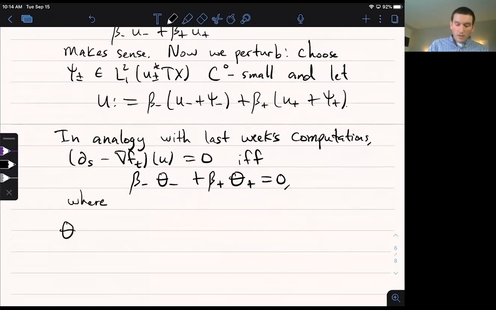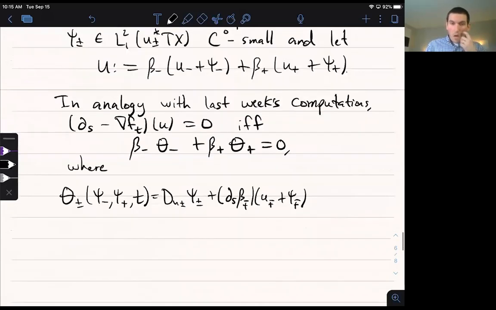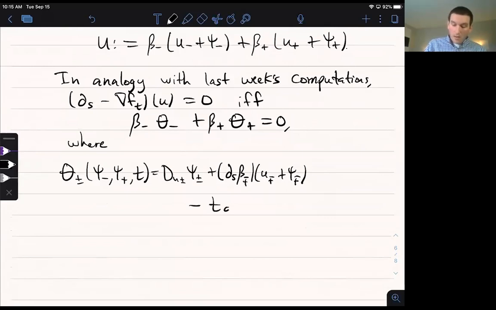So theta plus or minus takes in psi minus, psi plus, and t. So last week we didn't have this t. And then it spits out this questionable looking expression, most of which should be familiar from last week.